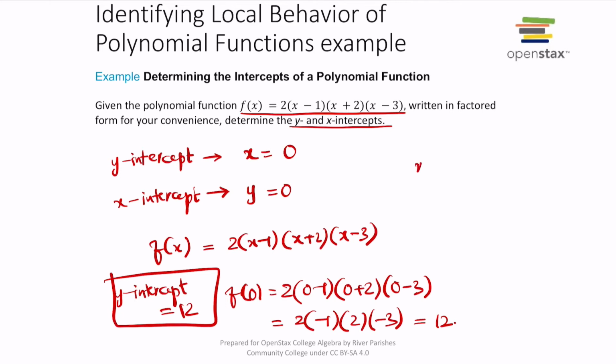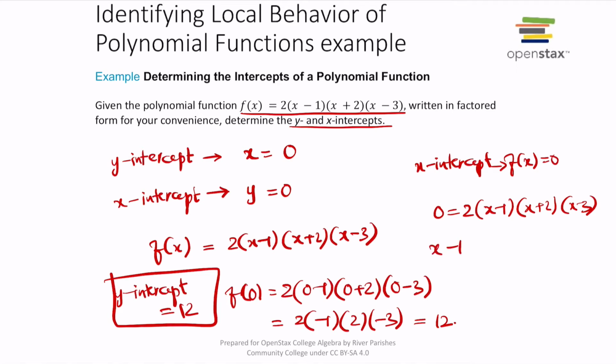And how will you find the x-intercept now? Put f of x equal to 0, so y equal to 0. When you put f of x equal to 0, it becomes 0 equal to 2 times x minus 1 times x plus 2 times x minus 3. From the zero-product property, we can equate each factor to 0. So x minus 1 equals 0, x plus 2 equals 0, and x minus 3 equals 0.